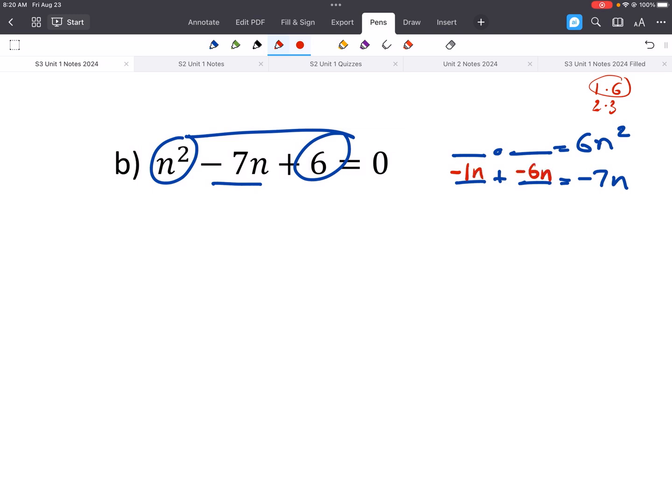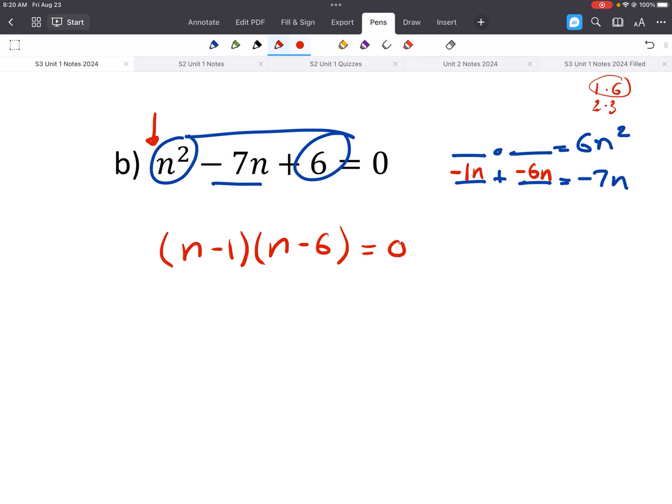Okay, since in this equation a is 1, we call this monic. If a is 1, then we can just write our 2 factors. So we'd have n minus 1 and n minus 6.